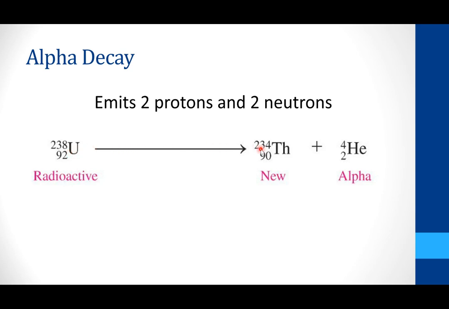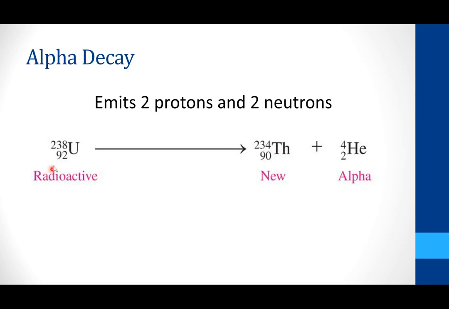Uranium is going to emit an alpha particle, so it's going to get rid of 2 protons and 2 neutrons. Here's our alpha particle. The new element that forms, in this case, is going to be thorium.